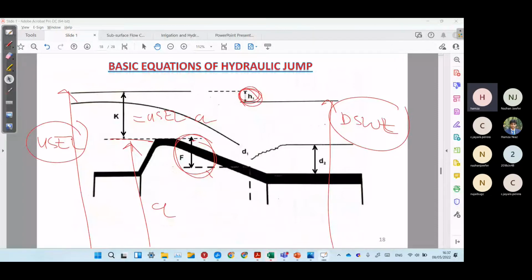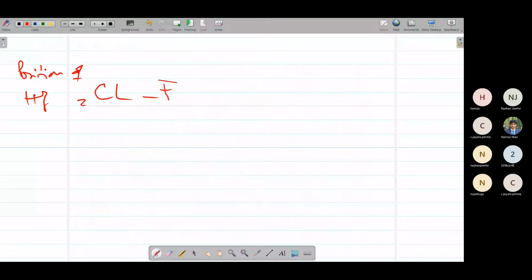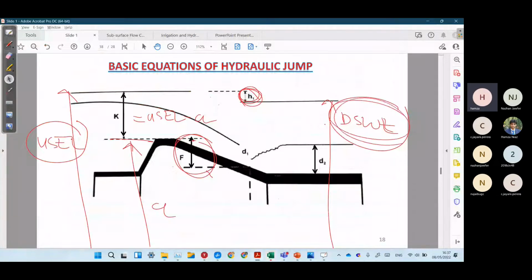So if I write this, E2 is equal to the downstream energy level, this one, minus this position of hydraulic jump. This is hydraulic jump, and this is E2.